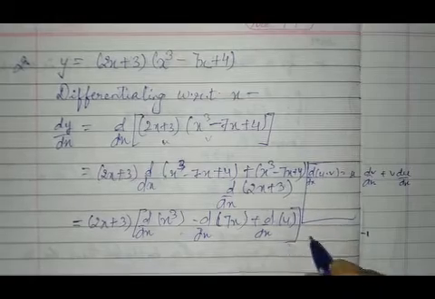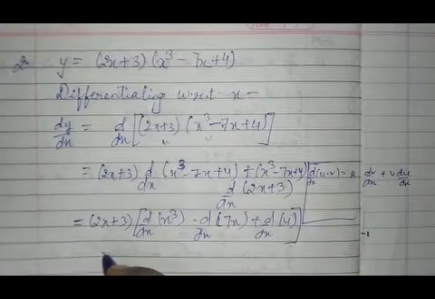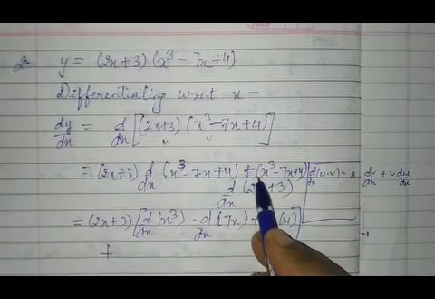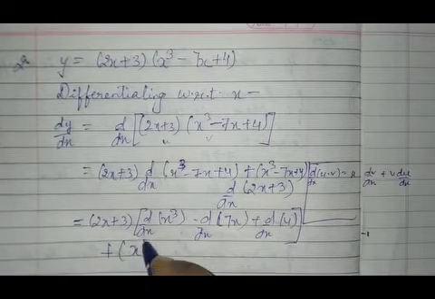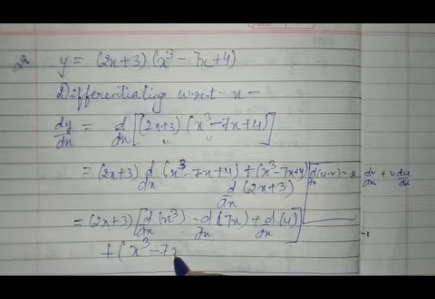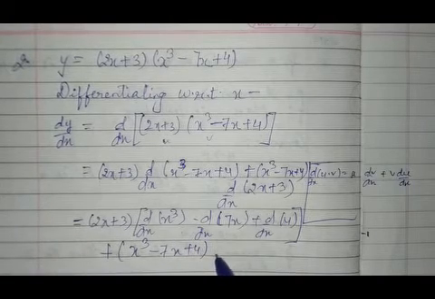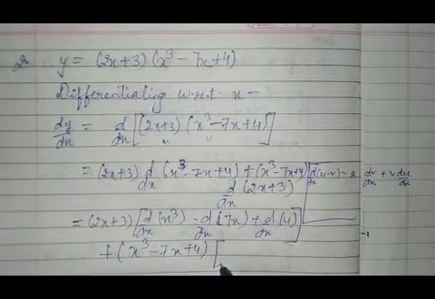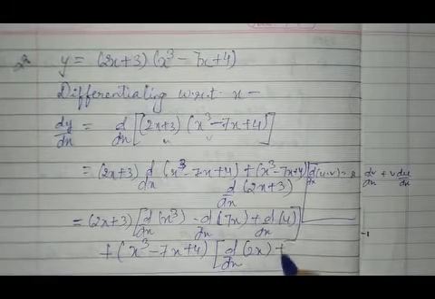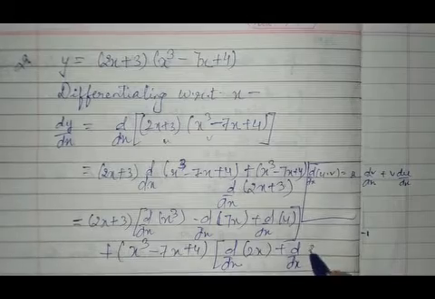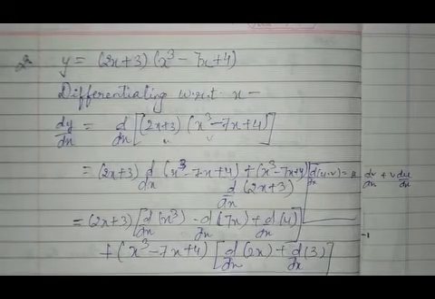Then coming here plus, again here we don't do anything, x³ − 7x + 4. Now d/dx of 2x plus d/dx of 3.